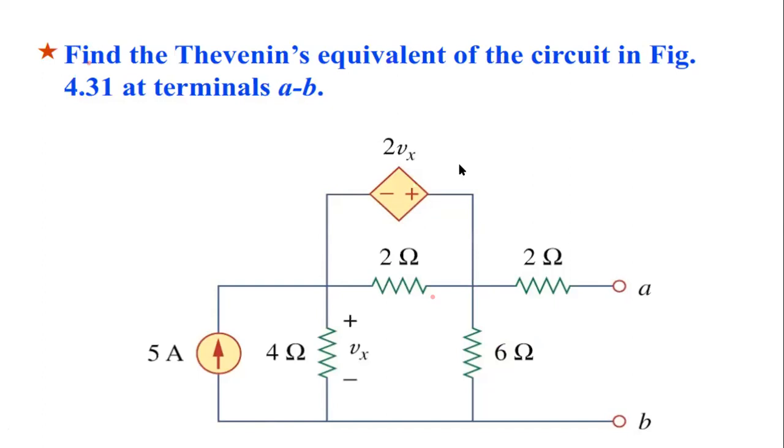Okay, so further we will go for another circuit. Now I should tell you that whenever there are independent sources, it is not a problem. You can go with the process whatever we studied now. But if you have dependent sources also, then you cannot touch the dependent source.